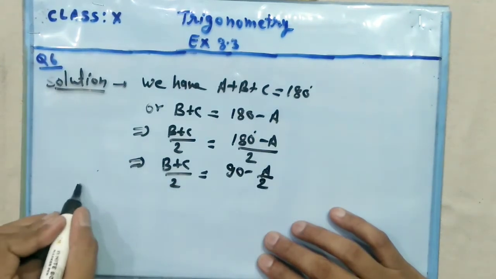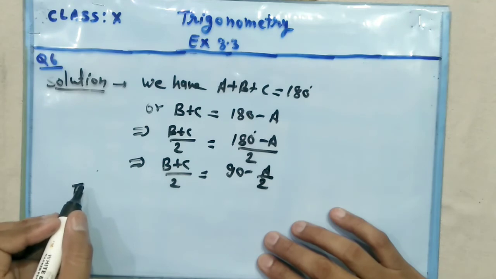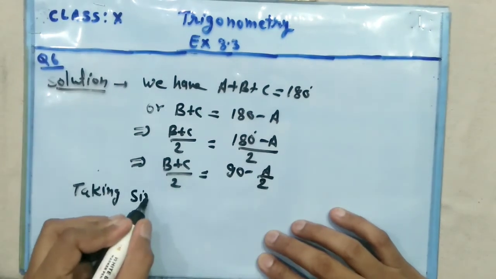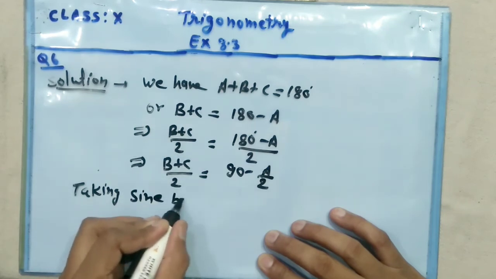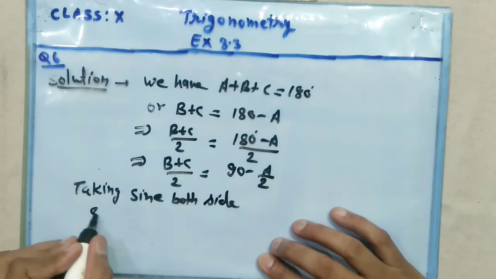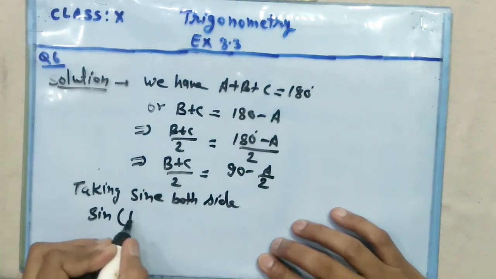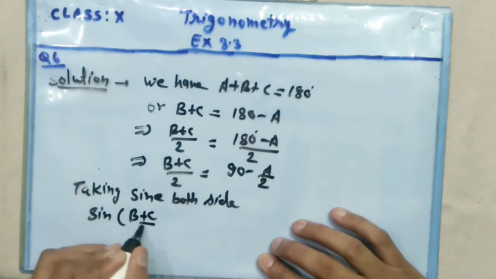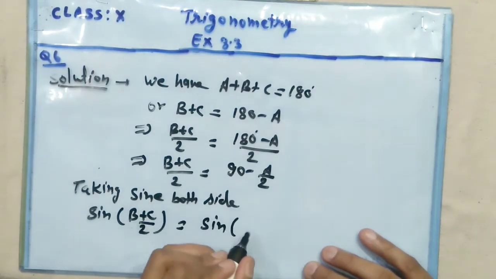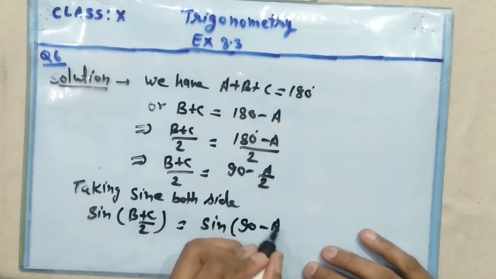Now taking sine both sides, because we need to find sine. We have sine of B plus C upon 2 is equals to sine of 90 minus A upon 2.